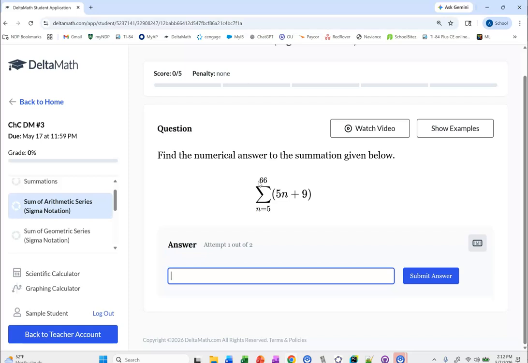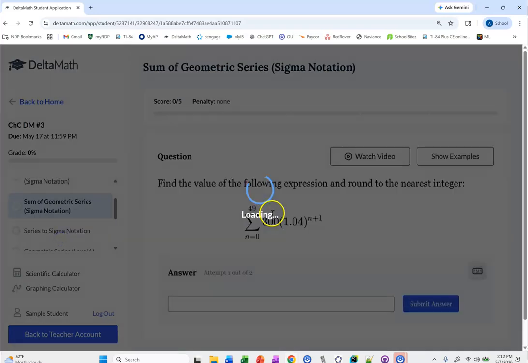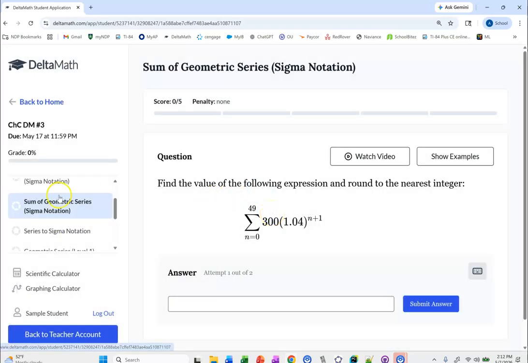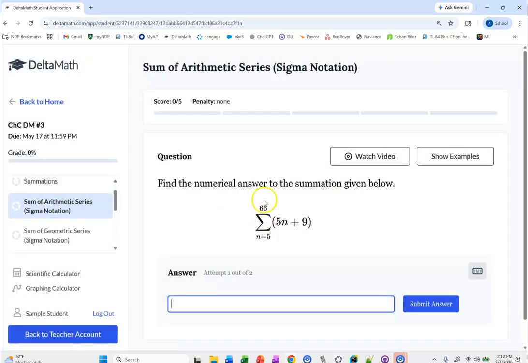Then you'd have to figure out how many terms there are between 5 and 66. That'll be your n, and that should do it. If I go back, how would I check that I did it correctly? Type it into the calculator, right? That'll be a great checker.